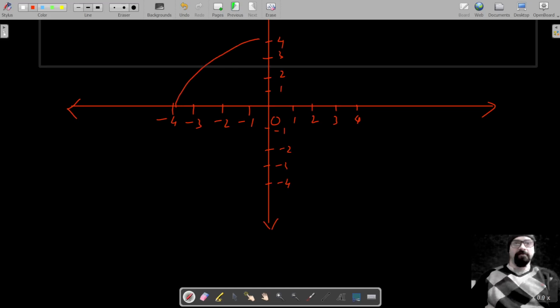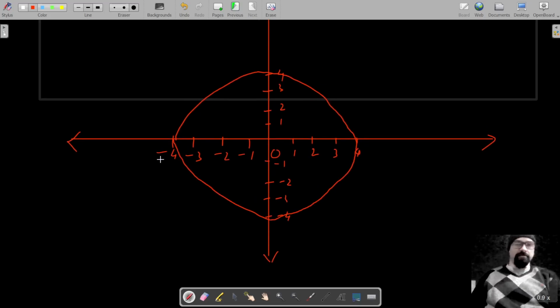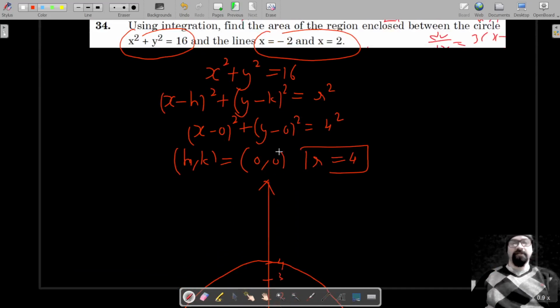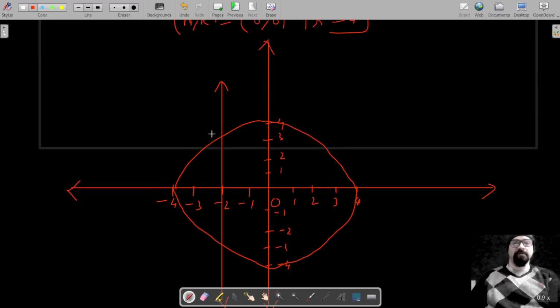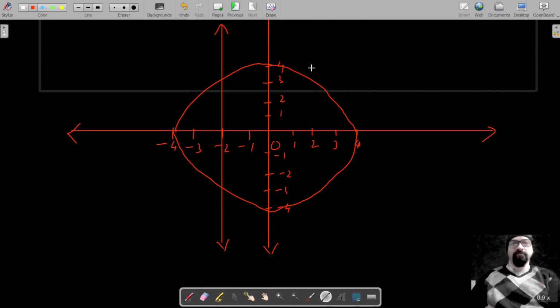So our circle goes through these coordinates, as the radius is 4. Now the other two lines: x is equal to -2 is a line passing through -2 and parallel to the y-axis. So this is x is equal to -2 and this one is x is equal to 2.